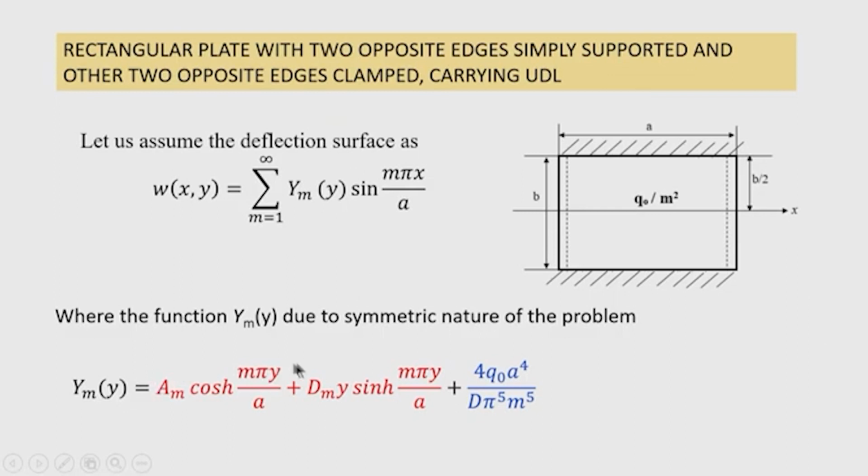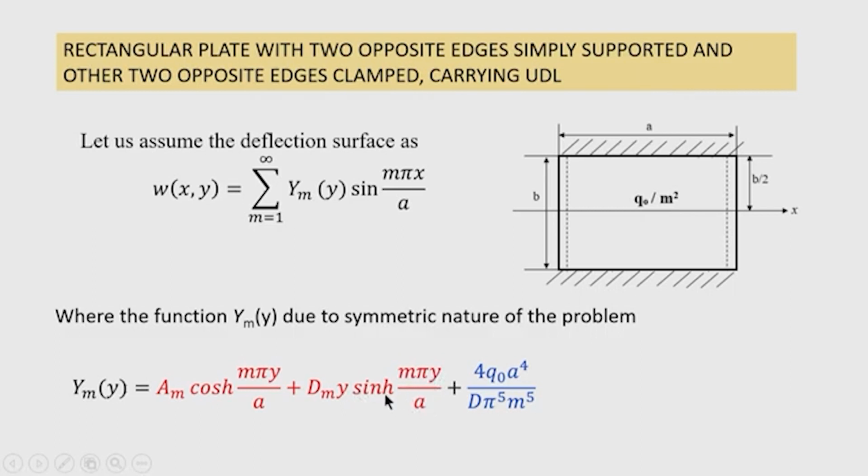First derivative you can see, because this is the constant term, the derivative of this term with respect to y is 0. But when I differentiate this term with respect to y, a m, then m pi by a will come out as constant and cos hyperbolic will be converted to sin hyperbolic m pi y by a. Now, here you are getting a product of two functions of y, one is y and another is sin hyperbolic m pi y by a.